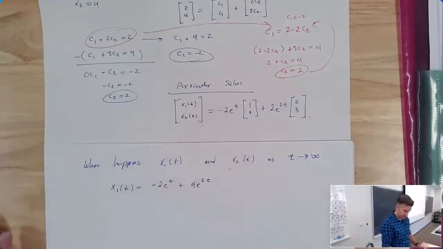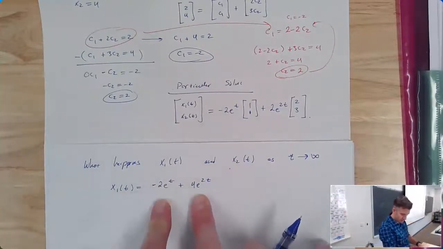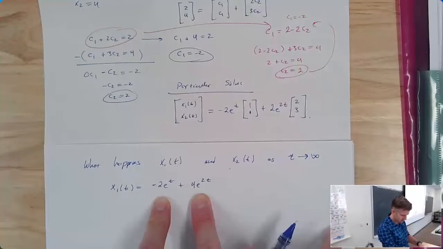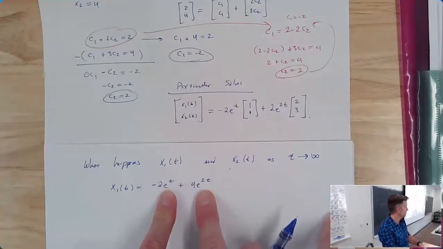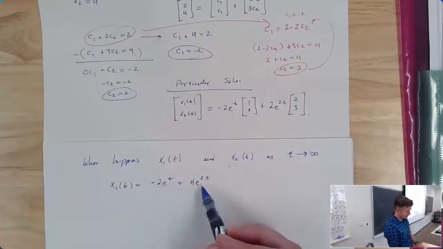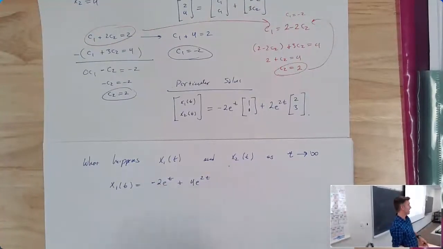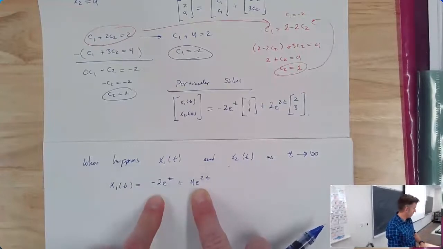Now, let me ask you, which of these two things gets bigger faster? e to the t or e to the 2t? e to the 2t, right? For example, if t was equal to 3, this would be e cubed, and that would be e to the 6th. And e to the 6th is miles bigger than e to the 3rd. So this positive thing is outpacing this negative thing.